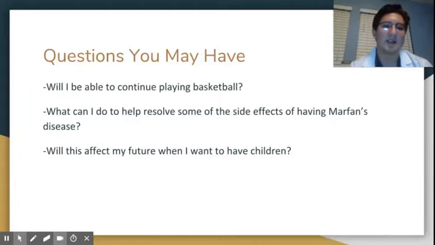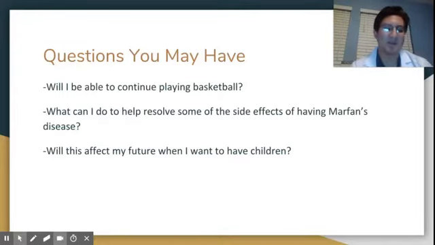Leisure is the key word there. We don't want you putting any more extra stress on your connective tissue that we don't need. And if you really do want to continue playing basketball, it may have to become a home activity. Buying a hoop to put in your driveway. That's all right, as long as we keep the game as non-stressful as possible.